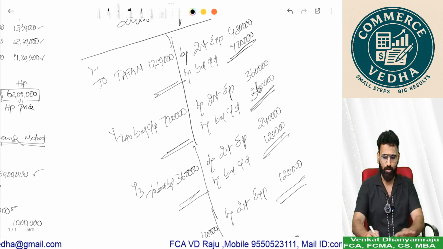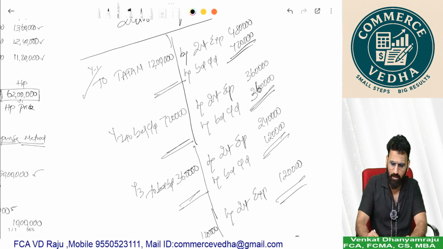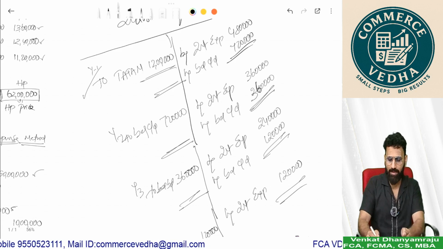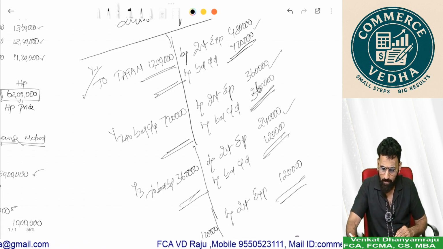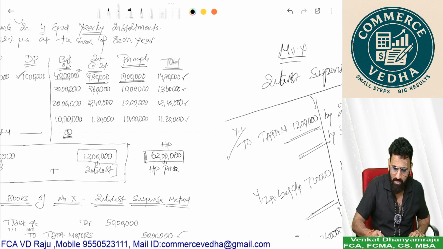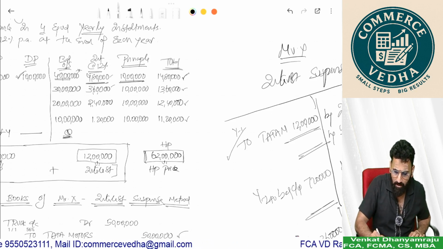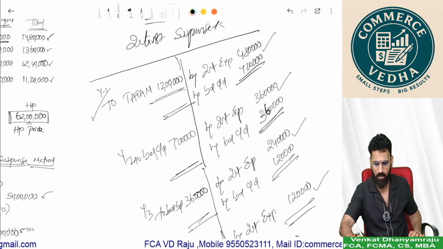So it is only a control account. We are showing how much is payable to the vendor in the first year itself and cancelling by transferring to expense: first year, second year, third year, fourth year. Exactly first year interest, second year interest, third year interest, fourth year interest in the suspense account.